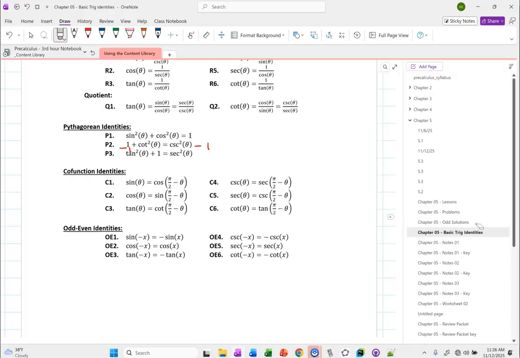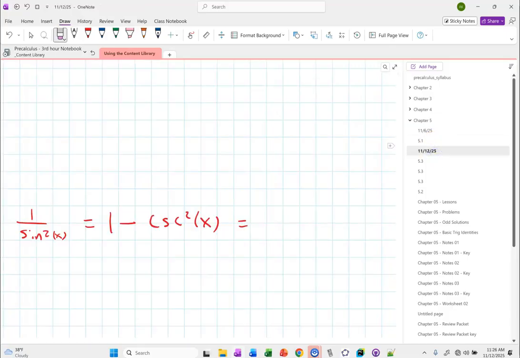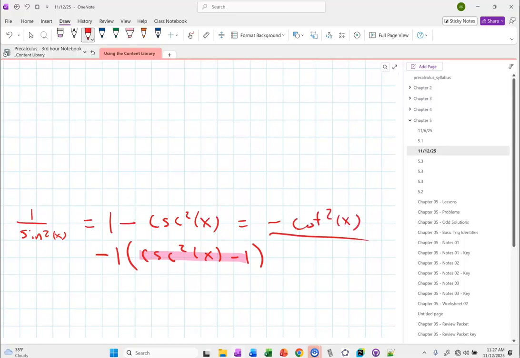What's that going to mean? Oh, tangential. So I could do that, right? Factor a negative sign out. This then is cotangent. And that should be my answer.